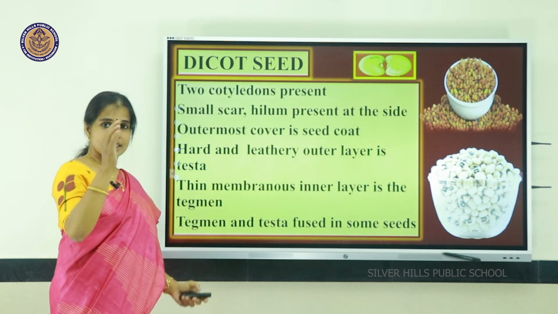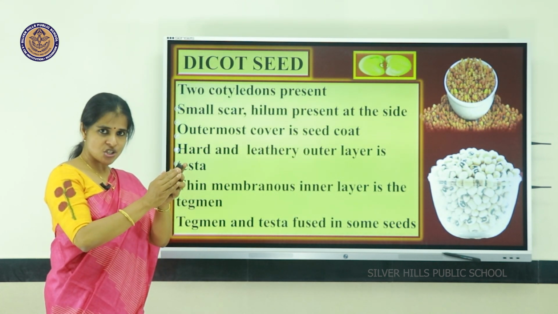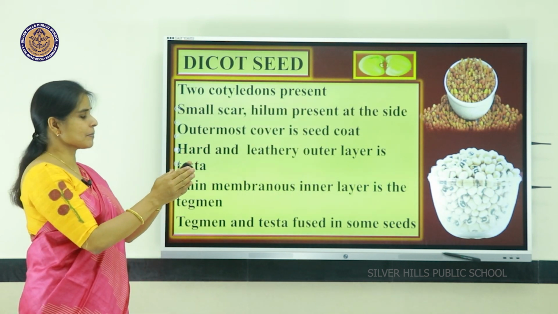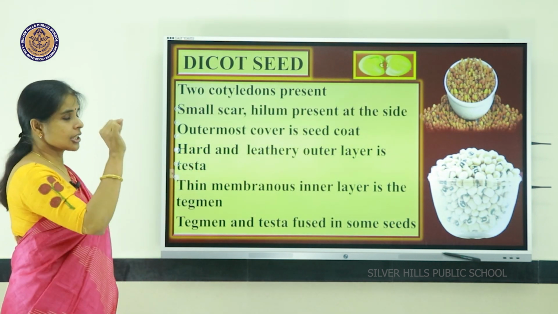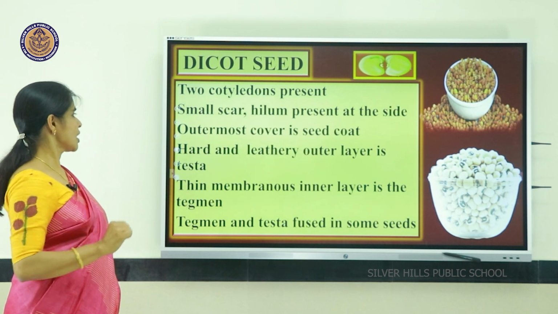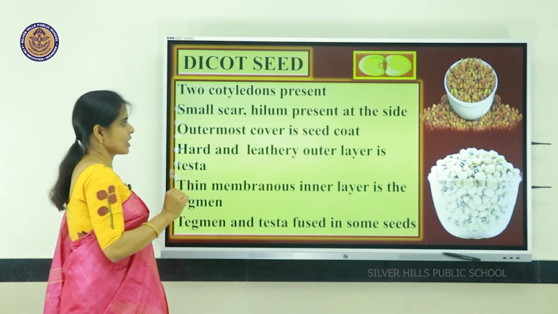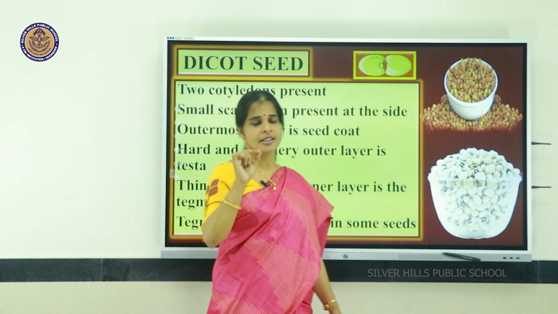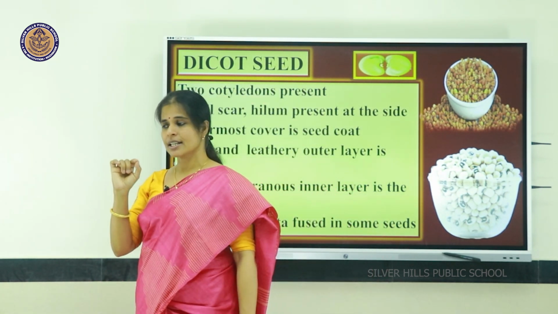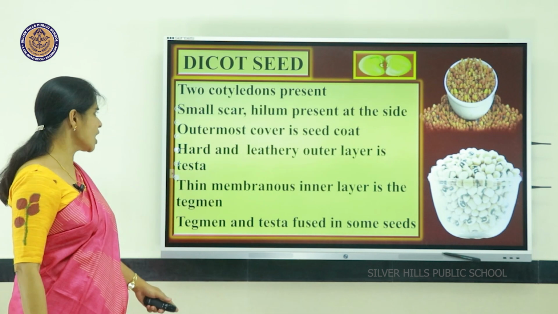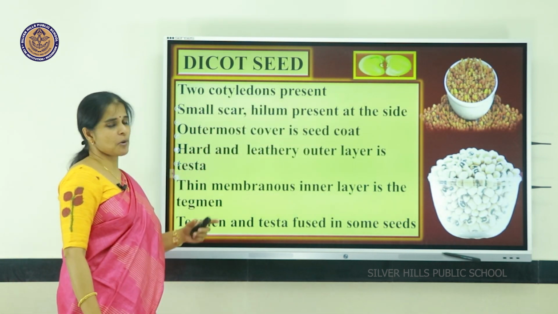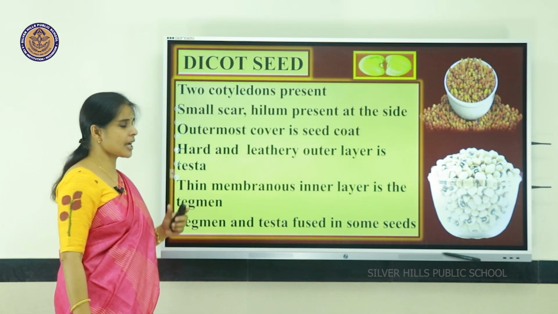Now, these two cotyledons are attached and they form into two flap-like structures. They are joining. The joining ridge part has a small scar present on it, which we call as hilum. This helps in breathing, respiration, exchange of gases, etc., which are possible through this small scar-like structure called hilum.